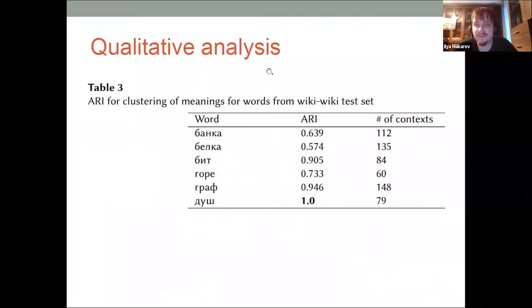As for qualitative analysis, we have different results. For example, we have the best results for the word douche. Douche may be a bathroom shower, or it may be something like souls, and so on. We have around 80 contexts, and it was clustered ideally. Then we have some much more complex examples, such as Belka.